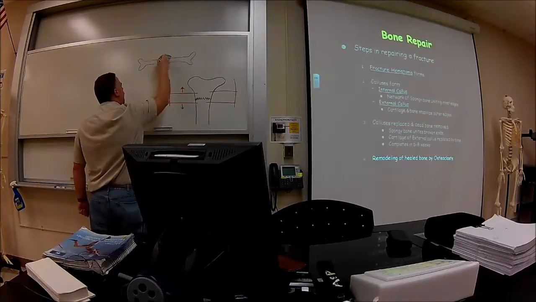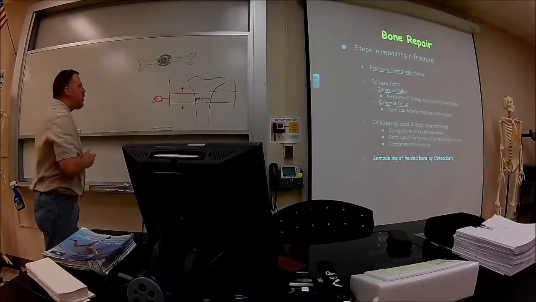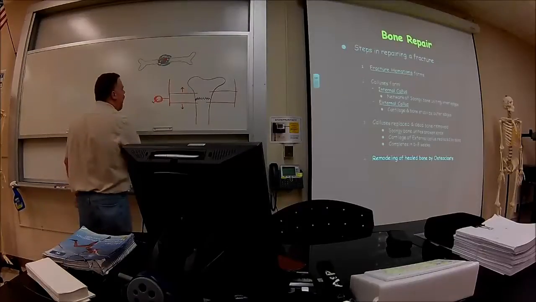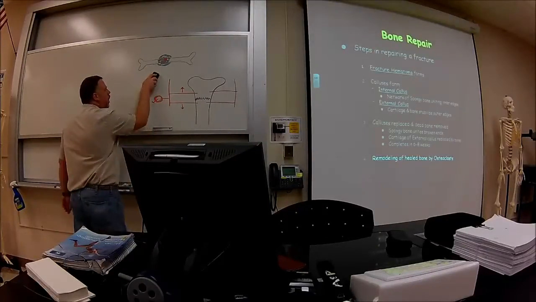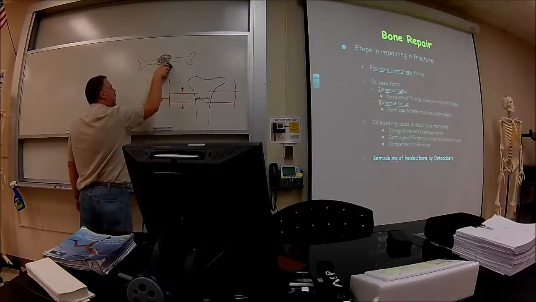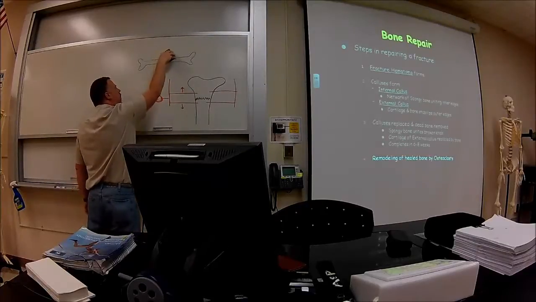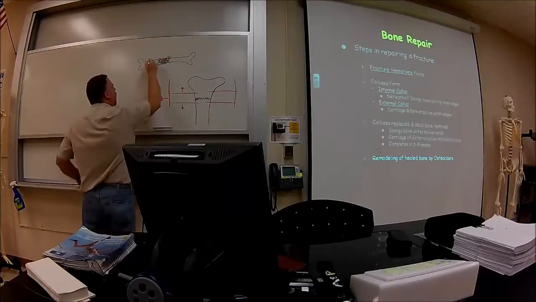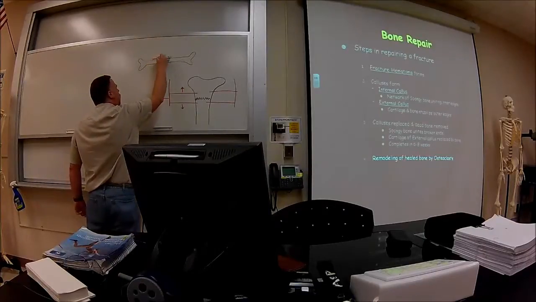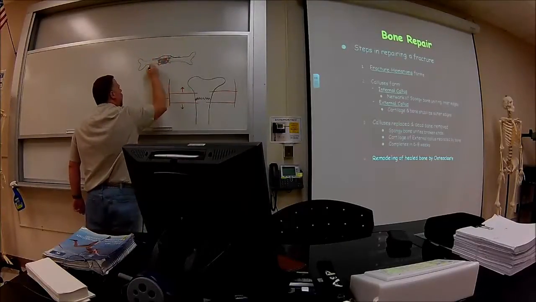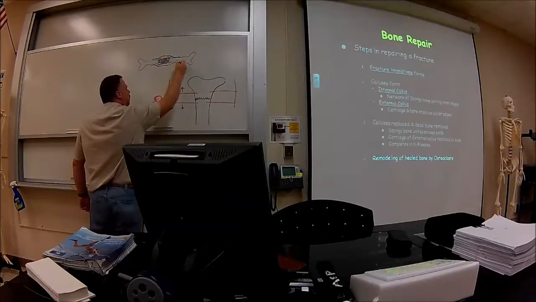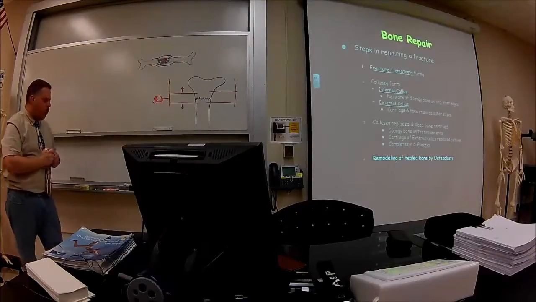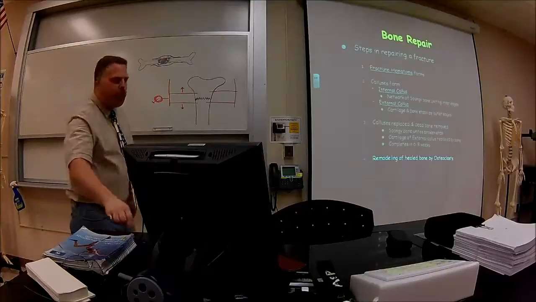So you have the internal and external calluses forming, and then the osteoclasts start coming in and molding this to what it should look like. It starts chomping away so that the final bone will have just a slight little bend there, not too much. You could look at someone's x-rays and have an idea where the fractures were in their lifetime.